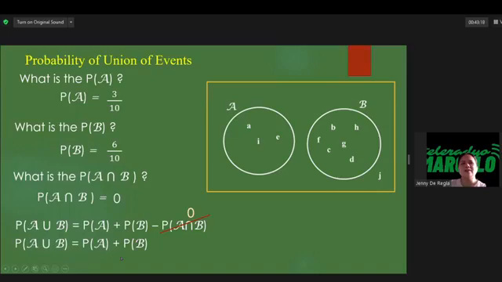So the probability of an event A is 3/10, and the probability of an event B is equal to 6/10. That's 9/10.